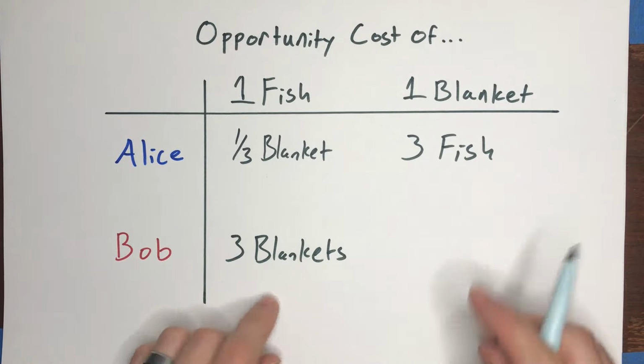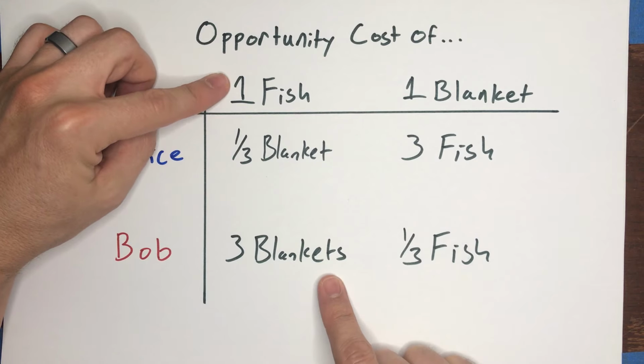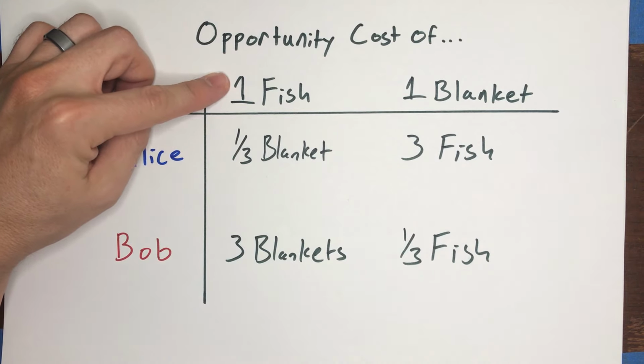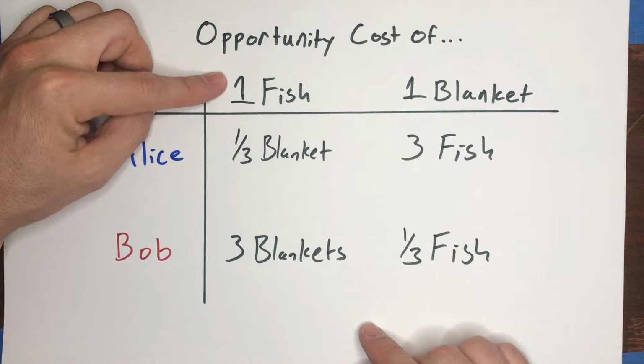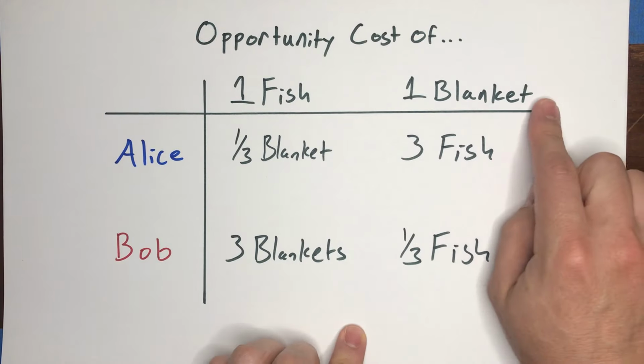It costs him 3 blankets to produce 1 fish on his own because that's his opportunity cost of production. So as long as Alice is charging him a price that is less than 3 blankets for 1 fish, he's going to be better off specializing and trading with her than he would be if he just made everything for himself. The same thing is true for Alice, by the way.